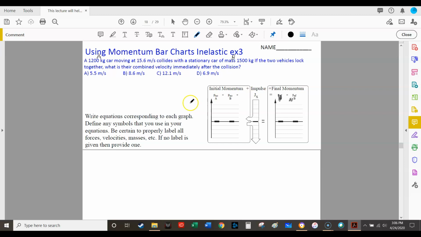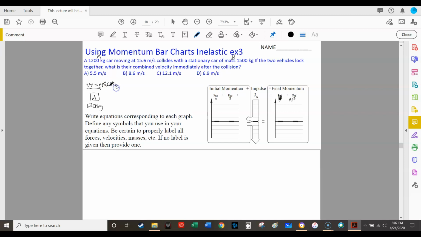Okay, we're back. So let's go ahead and storyboard what we're seeing in this problem. We have a 1,200 kilogram car. I'm going to call it A, and it's traveling to the right with an initial velocity of positive 15.6 meters per second.